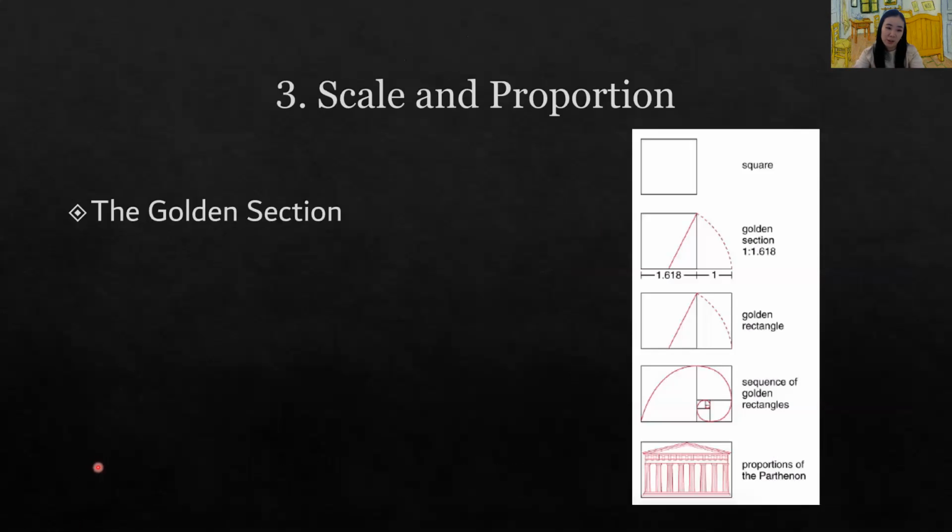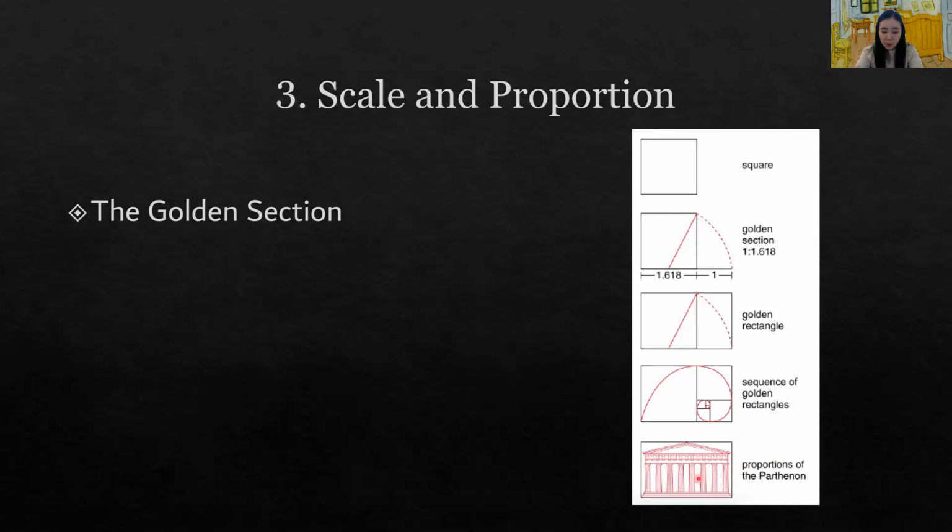And the golden section. The Greeks' interest in the use of mathematical formulas to determine perfect proportions has fascinated artists ever since. One of the best known formulas is what has become known since the Renaissance as the golden section.